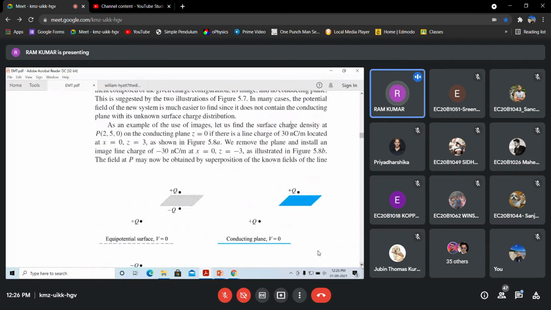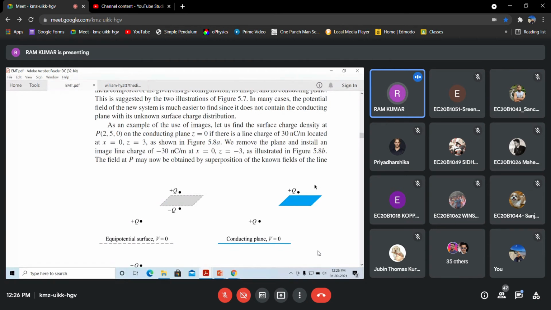In the reverse case, if we have a conducting plane and some charge here, then due to this conducting plane and charge, we have some field over here.